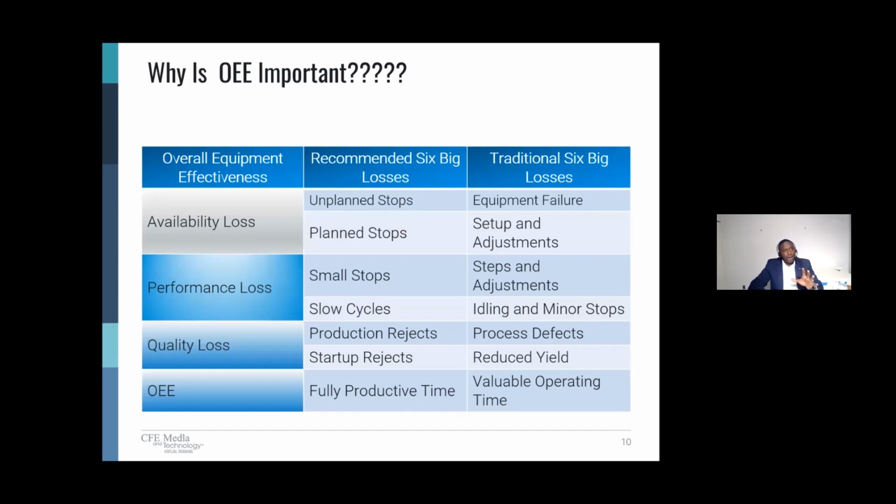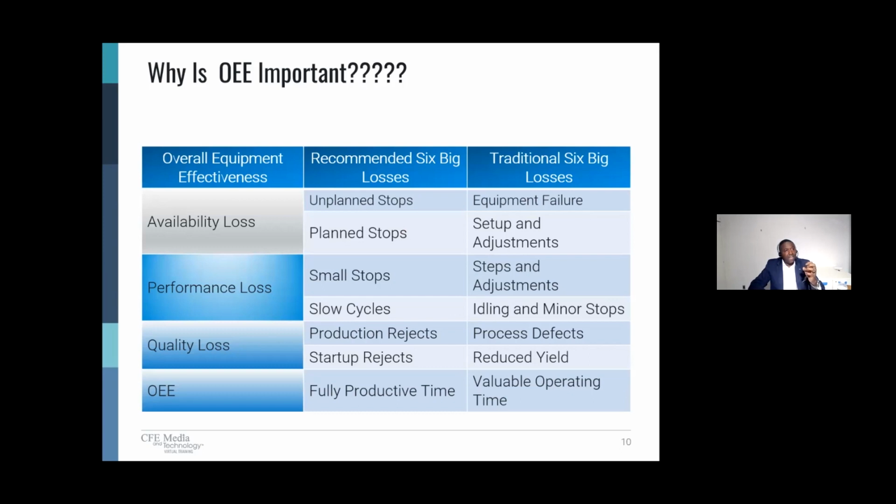So thinking about OEE, why is it important? Just a few key things. This slide helps us to see that when it comes to availability, unplanned stops, that's one of the recommended 6 big losses in a manufacturing plant.